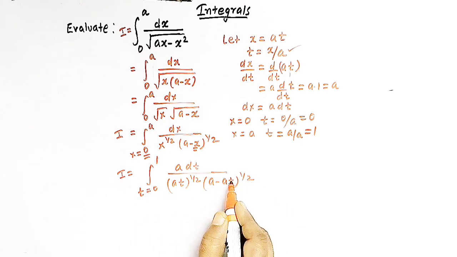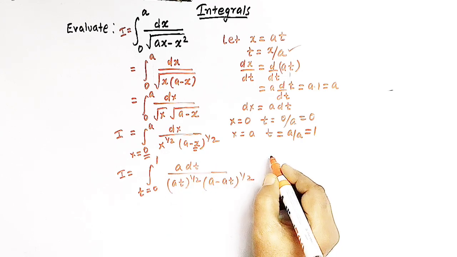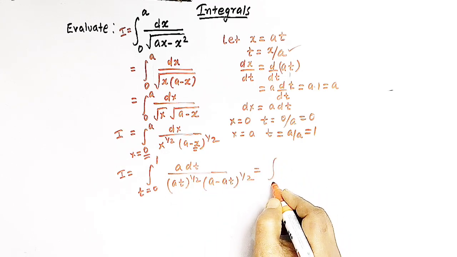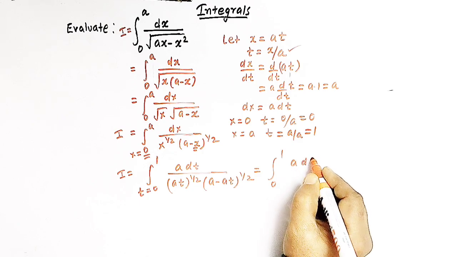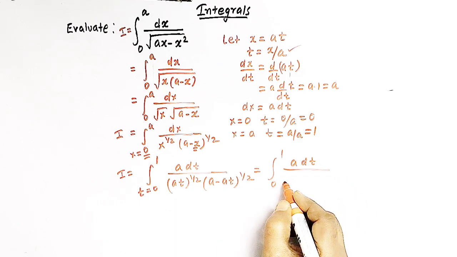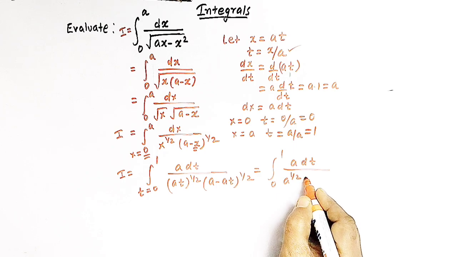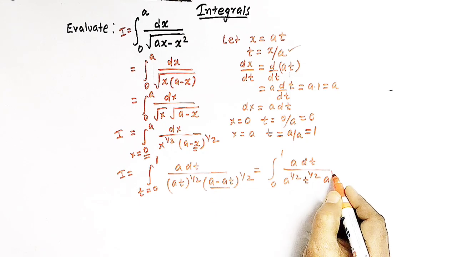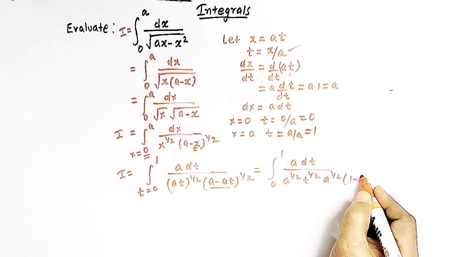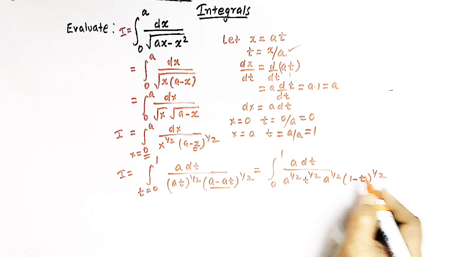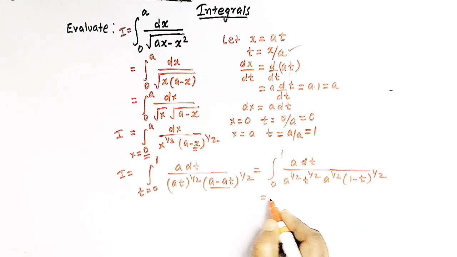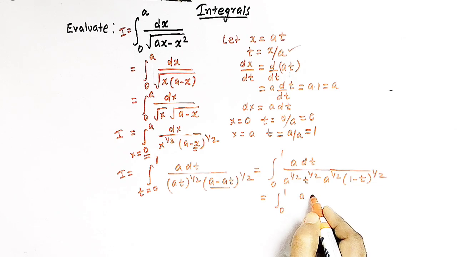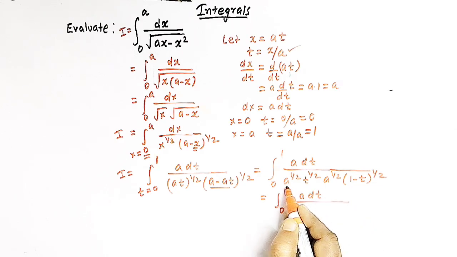So let us now simplify the integrand here. So we can now write 0 to 1. Here we have a dt, and from here we have a raised to half, then we have t raised to half, and from here we can take a common. So we have a raised to half times (1 minus t) raised to half, right? Okay, so now we have 0 to 1, here we have a dt, and here we have a raised to half and a raised to half.